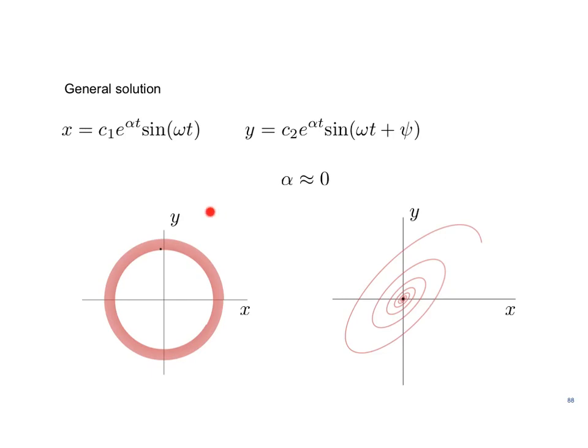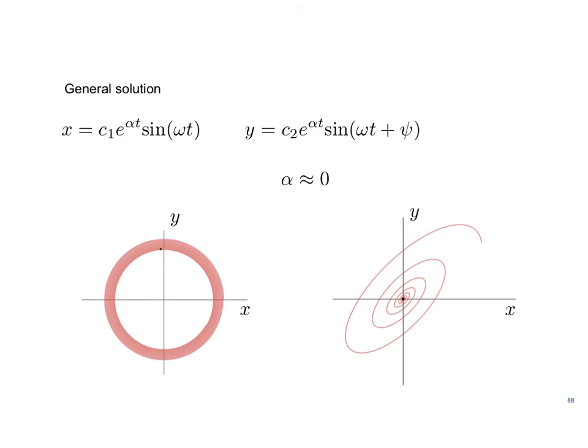So which of these two phase portraits represents this situation? Okay, so who is in favor of the left one? Who is in favor of the right one? Okay, and the actual answer is, voila, this one.